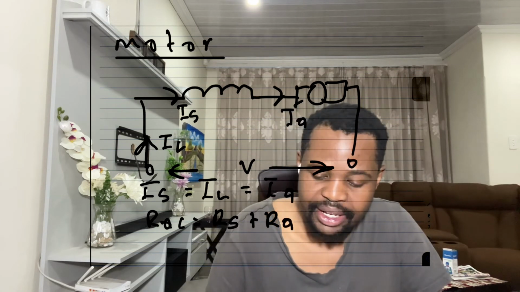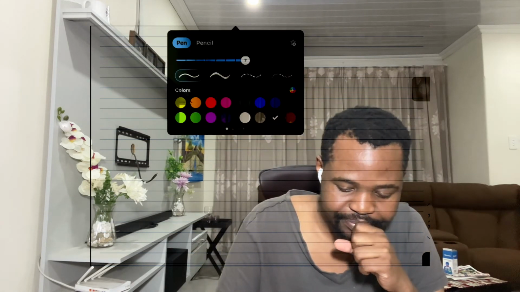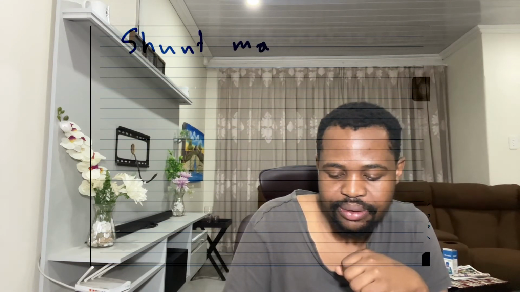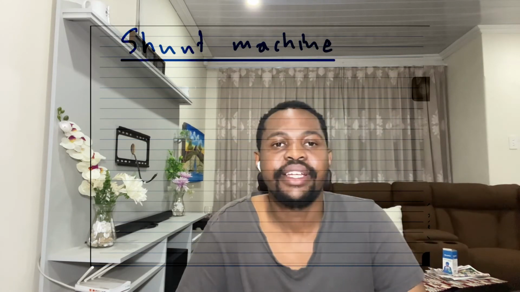Then let us look at the second type of machine, that is the shunt machine.